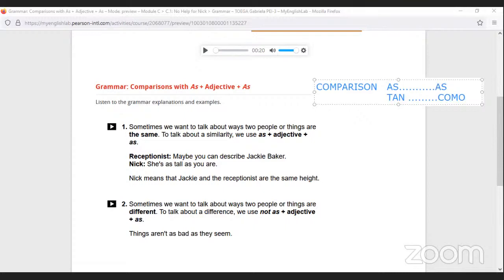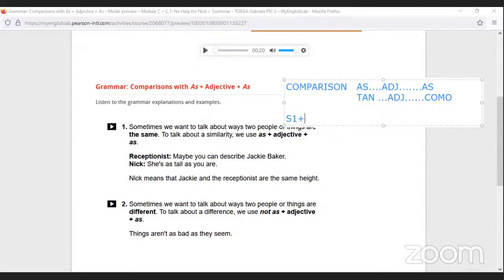Okay, the adjective is going to be in its uniform form, so we don't have to add either er or more. The only thing that we have to use is the adjective, no more. For example, my structure is going to be the same.